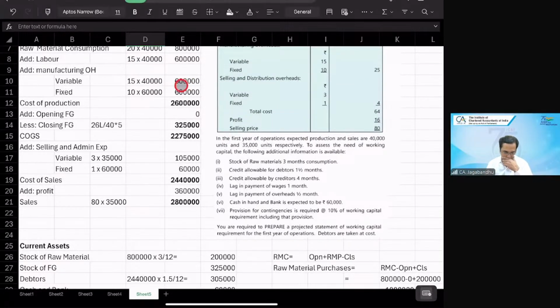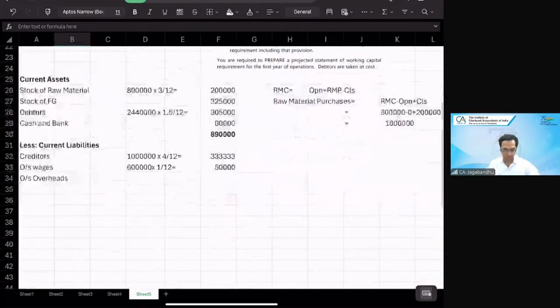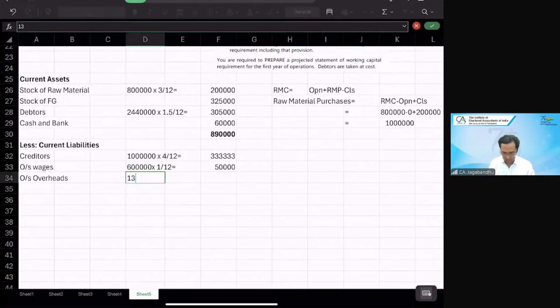Outstanding overheads, which is manufacturing as well as selling, both of them overheads are outstanding for half a month. So we'll say it is 6 lakh of variable manufacturing and 6 lakh of fixed manufacturing, so it's 12 lakh. 12 lakh plus this 1 lakh 65, the total 13 lakh 65,000 into 1 by 12.